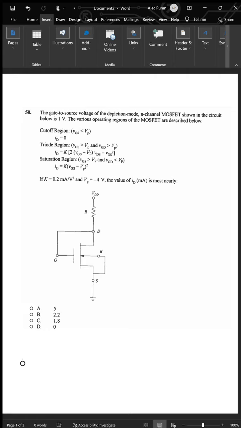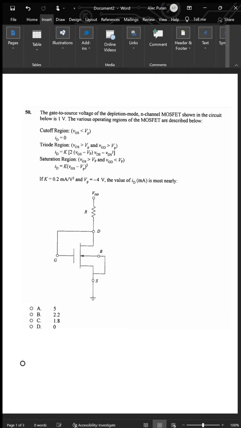And there's actually another relationship that we find here. Because usually we're looking for VGD, our gate to drain voltage as well. Well, we have to look at the diagram here. And what we see is that D and G are connected to a common point by this wire.